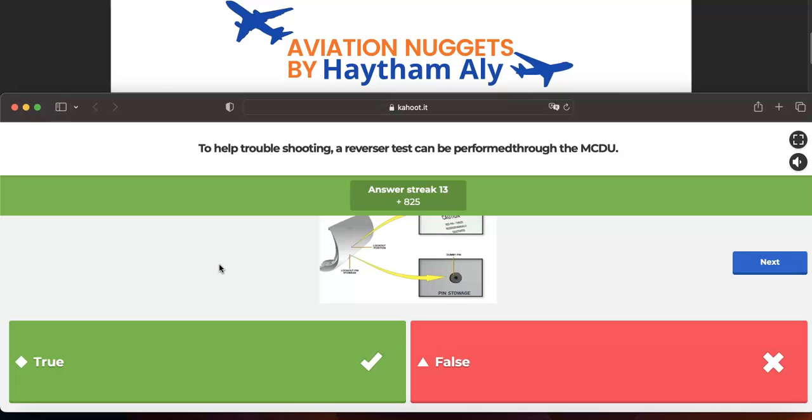Also, you need to do this reverser test in case of aircraft dispatch with thrust reverser deactivation for flight. As maintenance personnel, you need to do hydraulic deactivation, mechanical deactivation, having the lock pins in the lockout assembly.